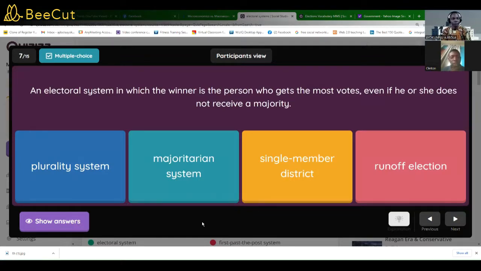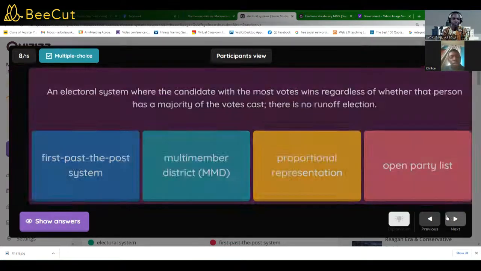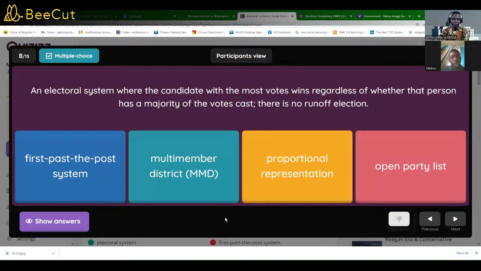An electoral system in which the winner is the person who gets the most votes, even if he or she does not receive a majority. Okay, plurality. That's correct. An electoral system where the candidate with the most votes wins regardless of whether that person has the majority of the votes cast.